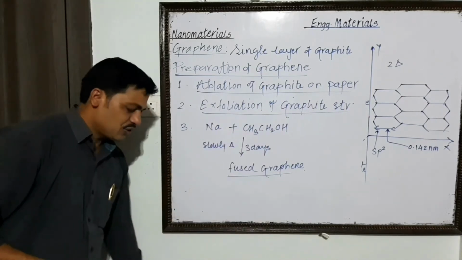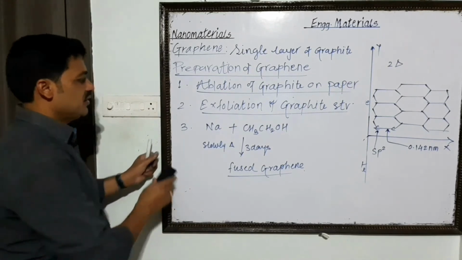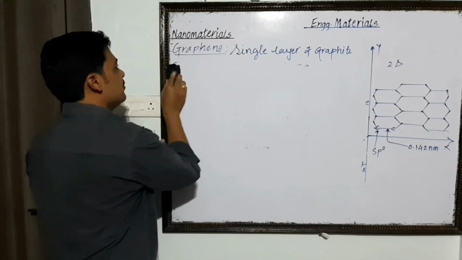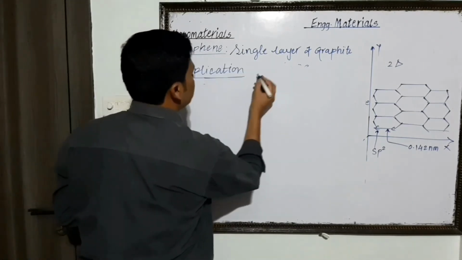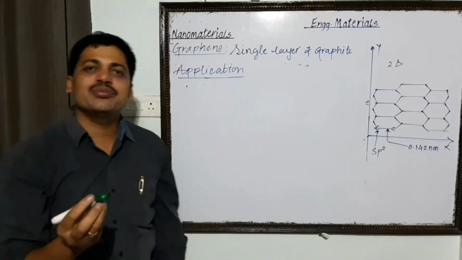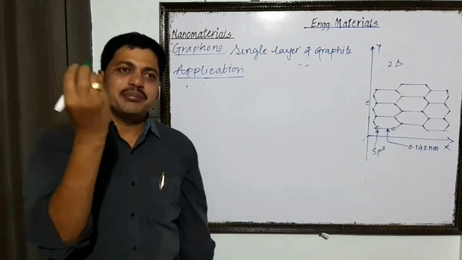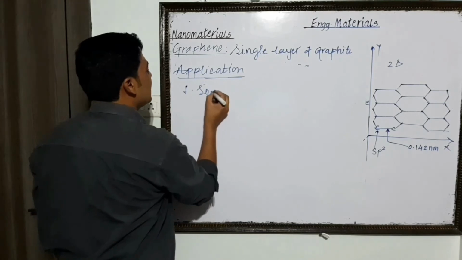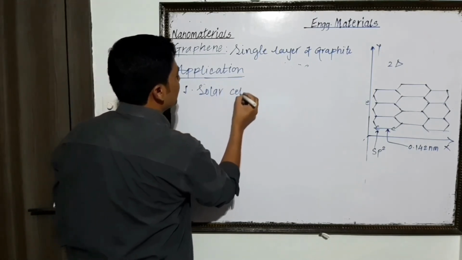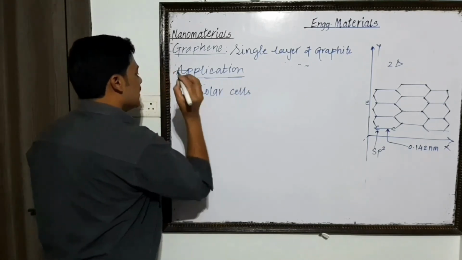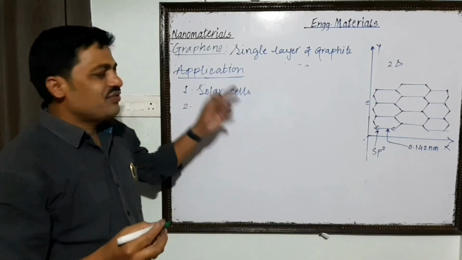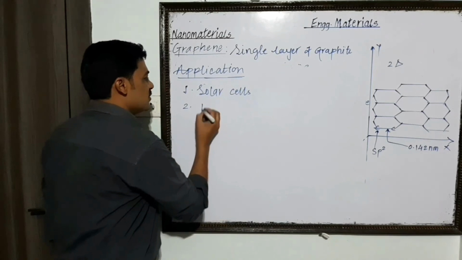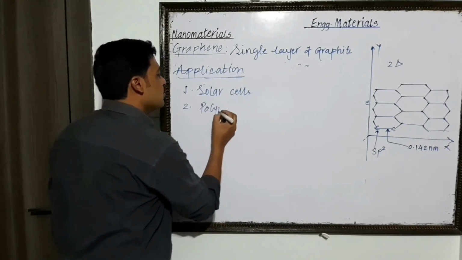Let us discuss the next important point, the applications of graphene. Being transparent and flexible, it can be used in solar cells. A powder of graphene can be blended with polymer to synthesize polymer composites.